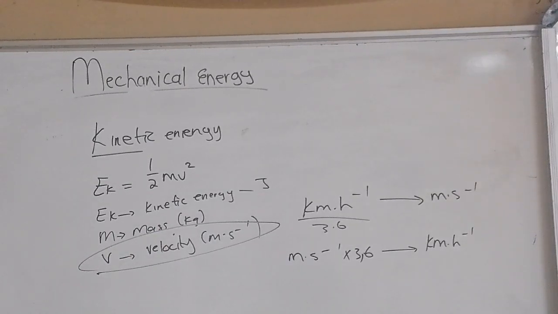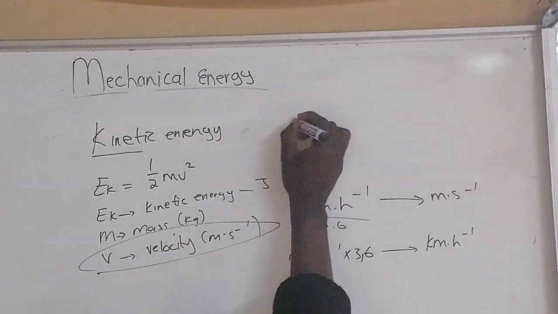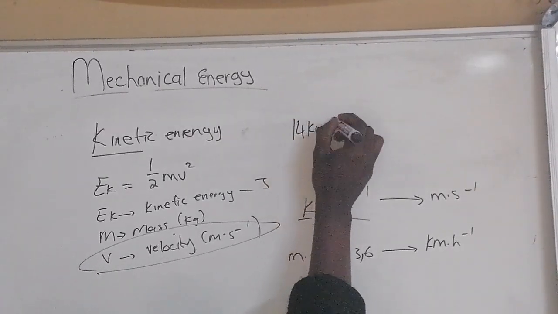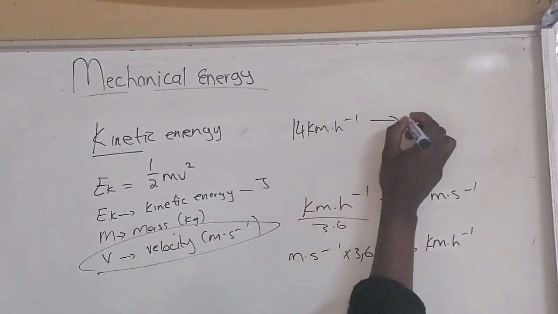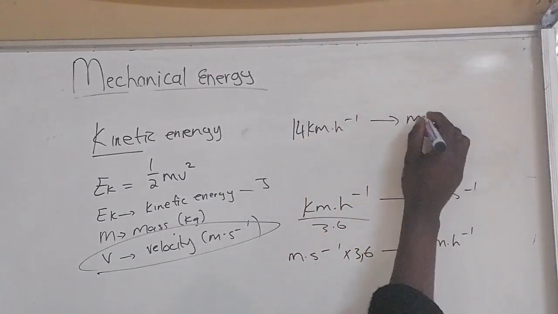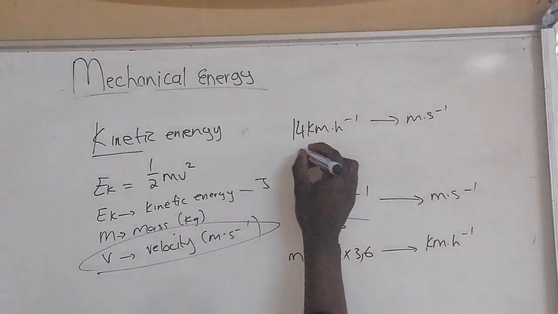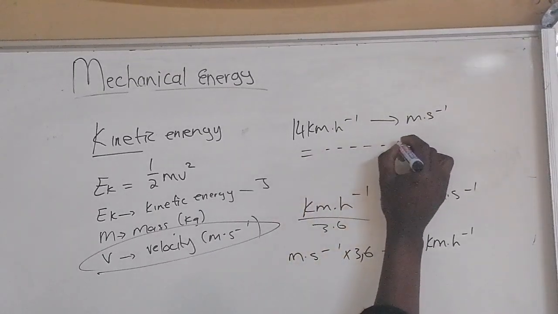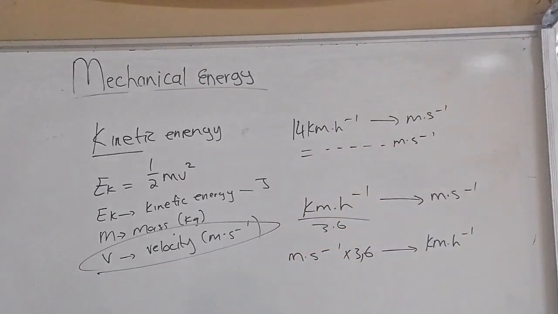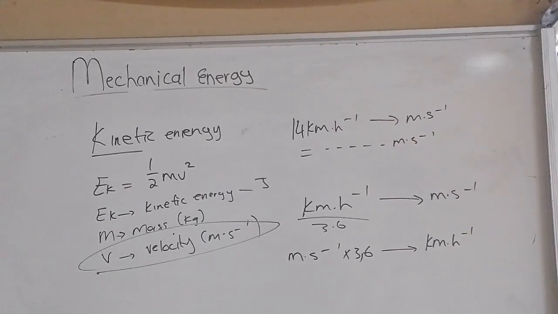For example, let me say you are given 14 kilometers per hour and they want you to convert it to meters per second. Then you divide it by 3.6, and you have your answer, which will already be in meters per second. I hope we understand each other there.